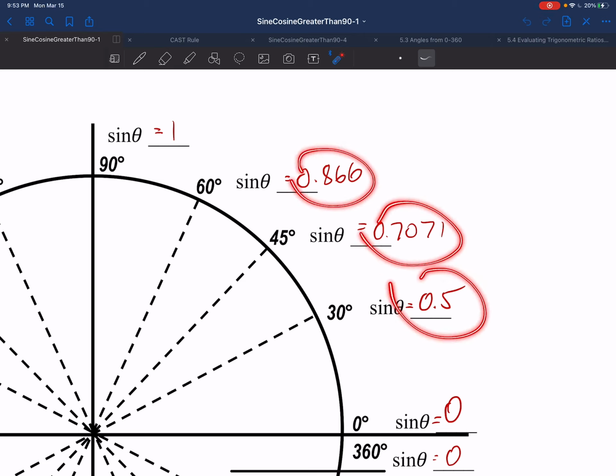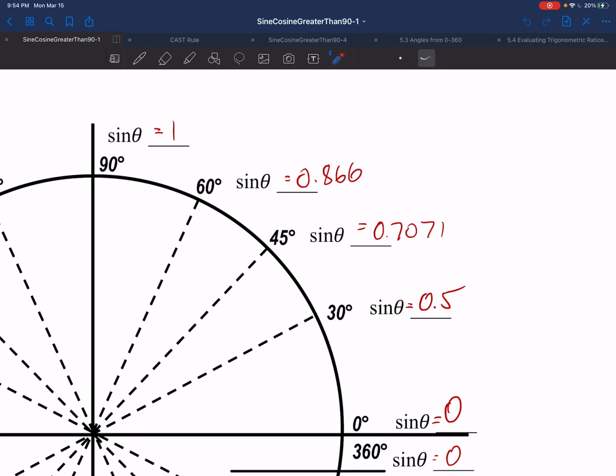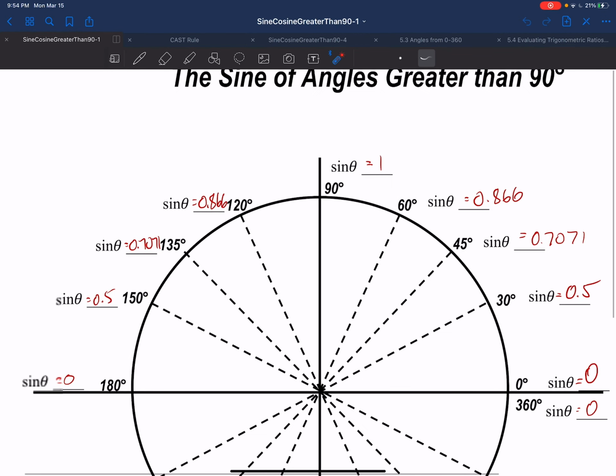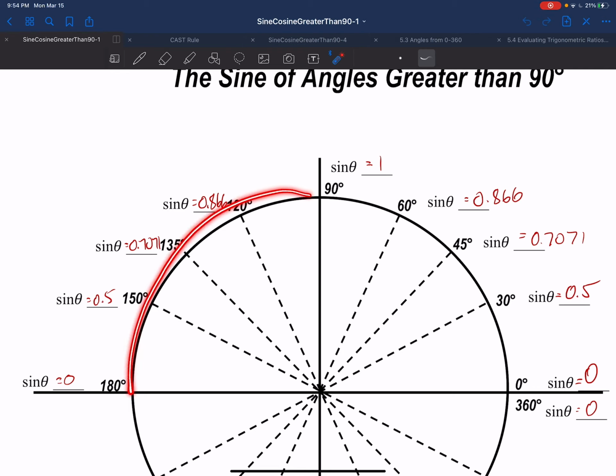Now, what these values actually are isn't that important. But what we can see is, when we look at the other sections, which are called quadrants, from 0 to 90 we have these values, and then from 90 to 180 you can start to see that we have the same numbers.